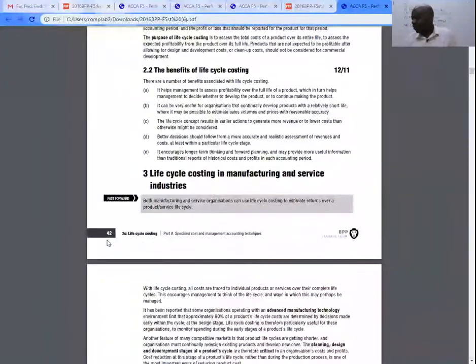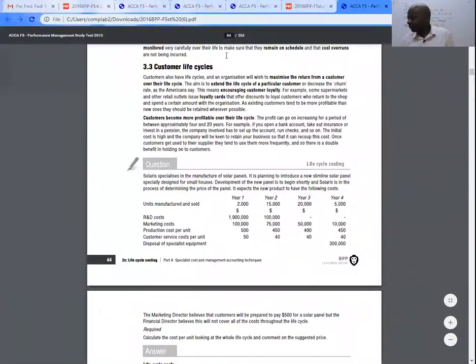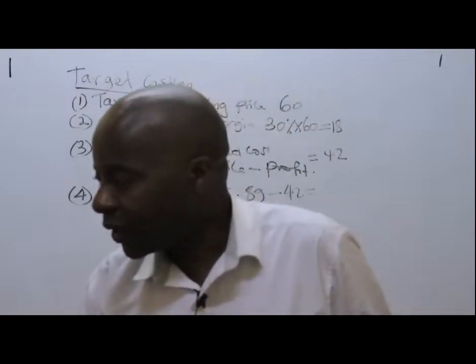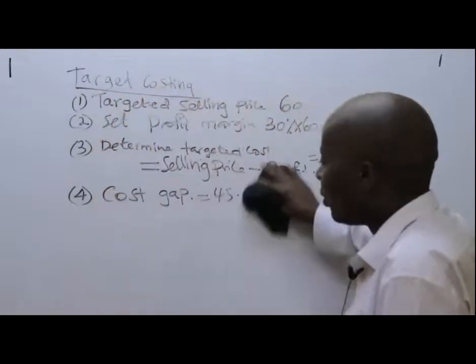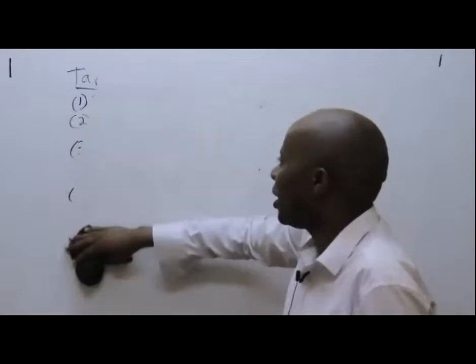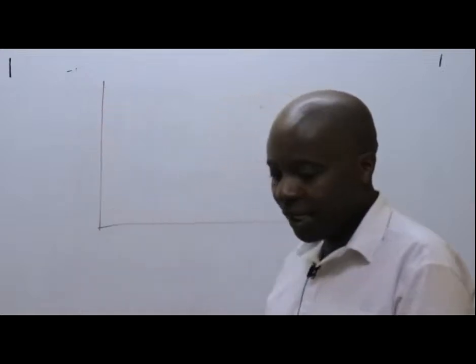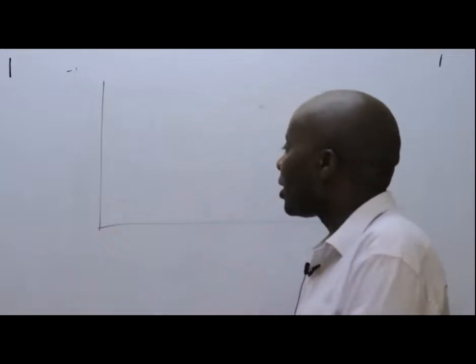What we are supposed to know basically are those life cycle stages of production. Remember that life cycle, just like a human being, just like how a human being moves in the entire life cycle, products also have the same.